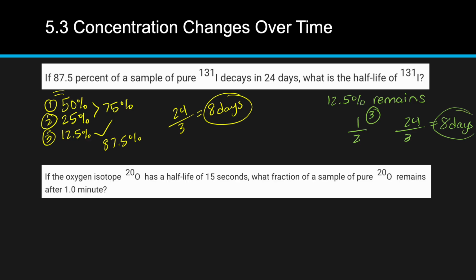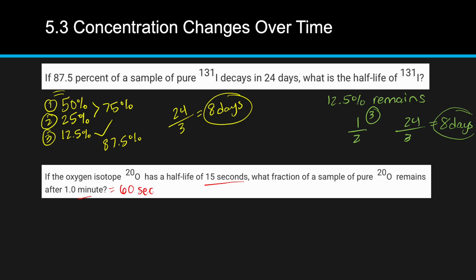The second question says, if the oxygen isotope O20 has a half-life of 15 seconds, what fraction of a sample of pure O20 remains after 1 minute? So when you're given a question like this, the first thing you should notice is that we have two different units. So since our half-life is in seconds, we should convert 1 minute into 60 seconds.